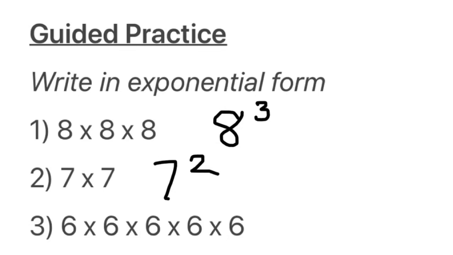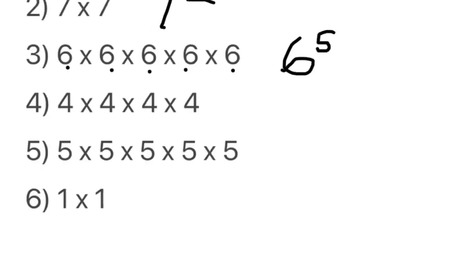So in exponential form, it is 7 squared. Pause the video and try number 3 on your desk. So on number 3, the number that we are multiplying is 6. That is our base, and there are 5 of them, so our exponent is 5. This is 6 to the power of 5.